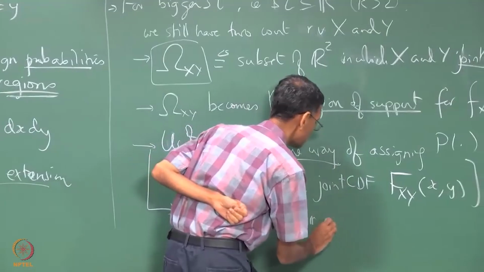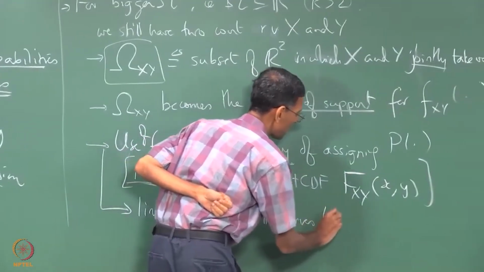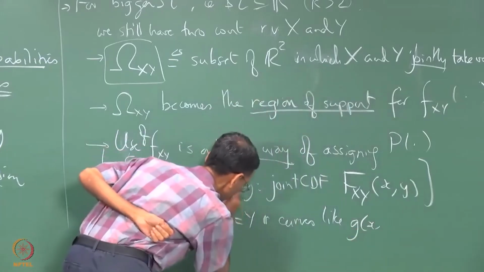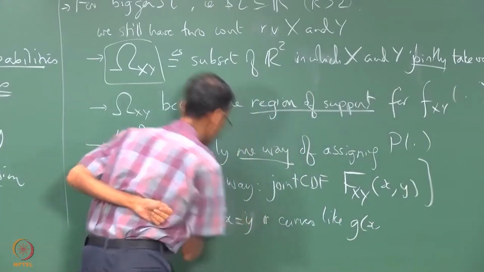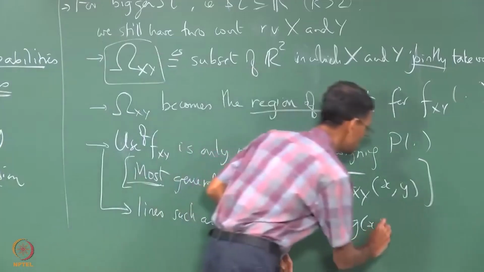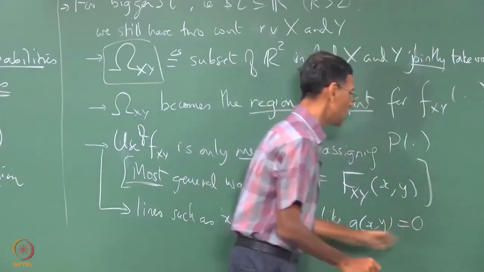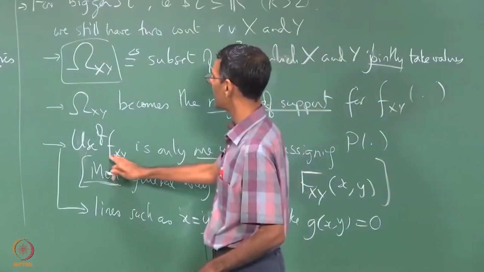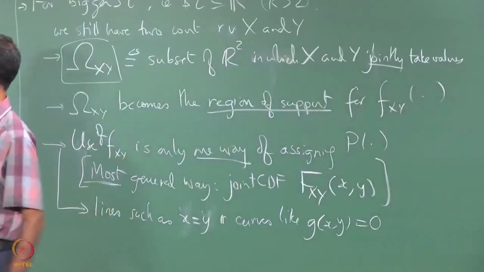or in general curves, how do we define a general curve? g of x, well, let me write small x equal to y, right, instead of this, just curves like g(x, y) equal to 0, always have 0 probability if you start off with this.